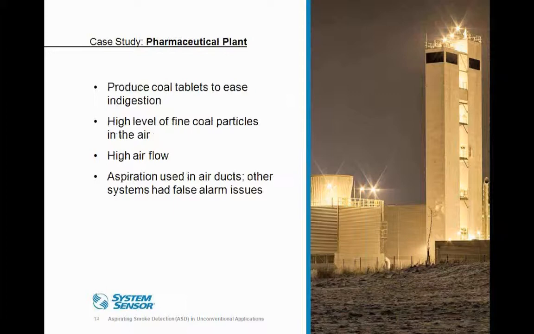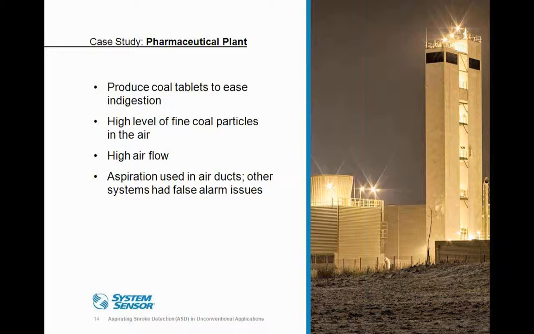The last study we want to look at for harsh is a pharmaceutical manufacturer which produced coal tablet pills. As a result of the production, the space had a lot of fine airborne coal particulate, and smoke detection had been installed in the return air duct, but it was constantly false alarming due to this airborne particulate that was always there.